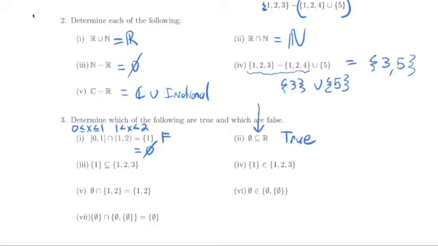So everything in the empty set is in the real numbers. The empty set is a subset of every single set because it has nothing, so it's going to be included in any set. Okay, 3. It's a little less challenging. That would be true because the element 1 is in the set 1, 2, 3.